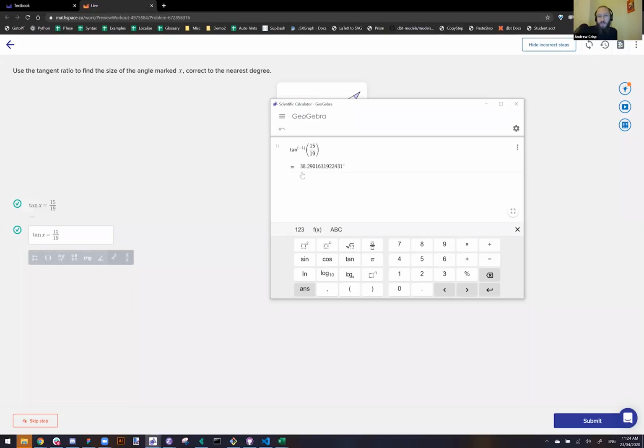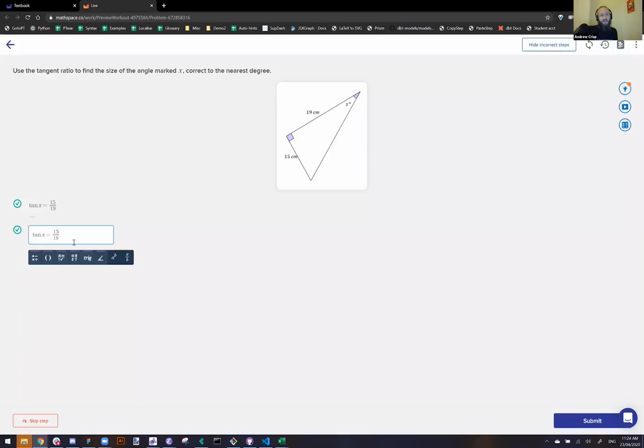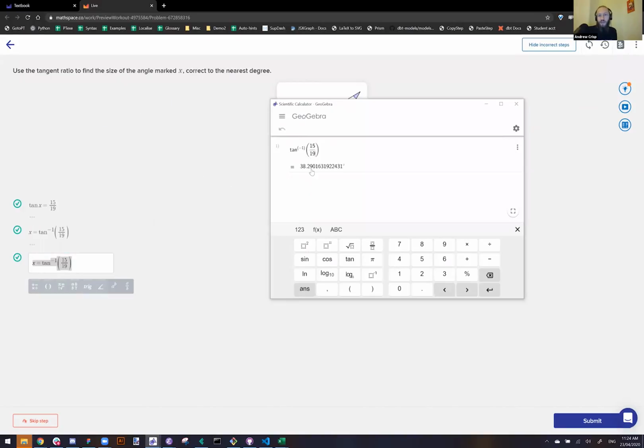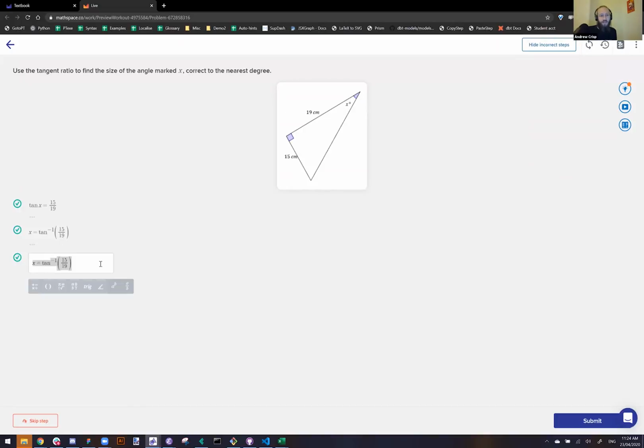And so this is telling me that if tan of x is 15 on 19, then, I'll just write it in like this, x is tan to the power minus 1 of this thing. And thank you, calculator. You've told me what the answer is, 38.